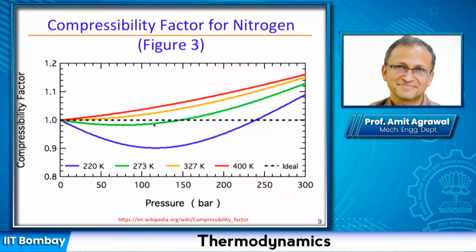Now you can see that I'm only plotting from 0.8 to 1.2, and the temperatures that we are plotting are much higher. The earlier temperatures that we were looking at were close to the liquefaction point, and now we are looking at the other extreme, where we are substantially above the liquefaction point.